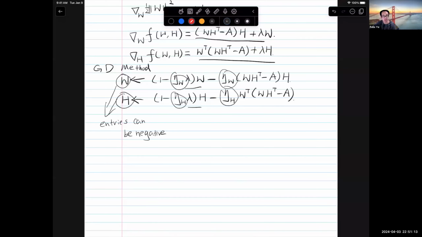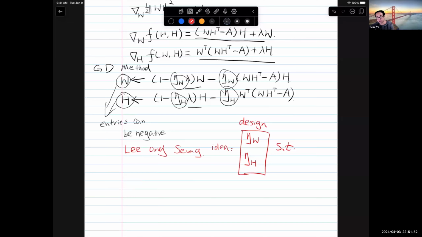The Lee and Seung idea is, we acknowledge everything, but what we do is, can we just design an eta of W and eta of H such that we can avoid subtracting a positive value? Subtracting a positive value may give you some negative element, which is not good.